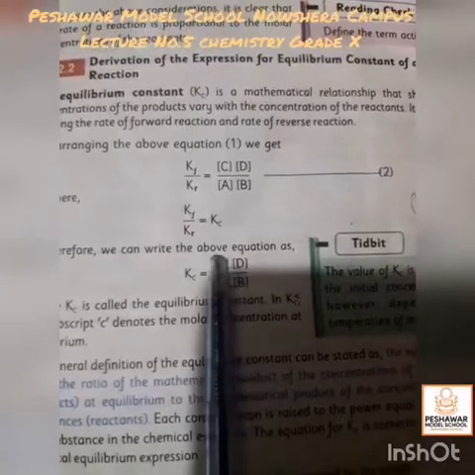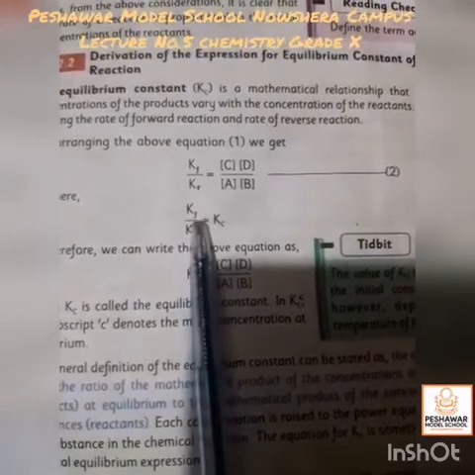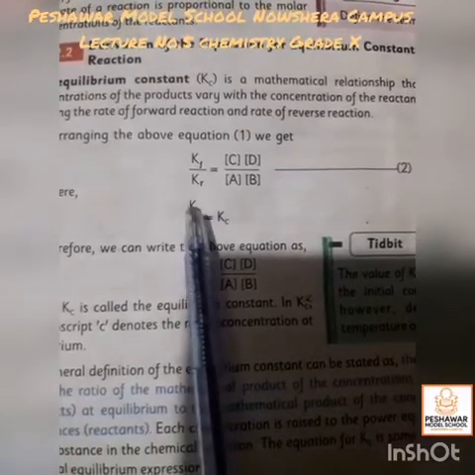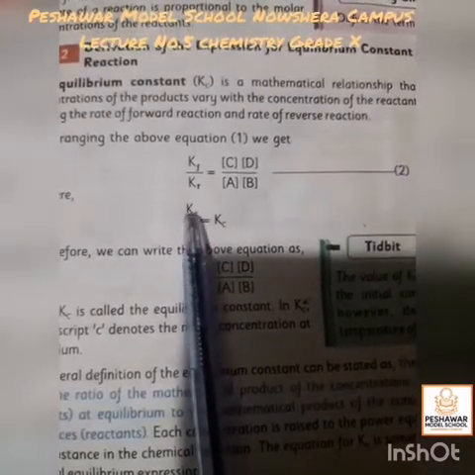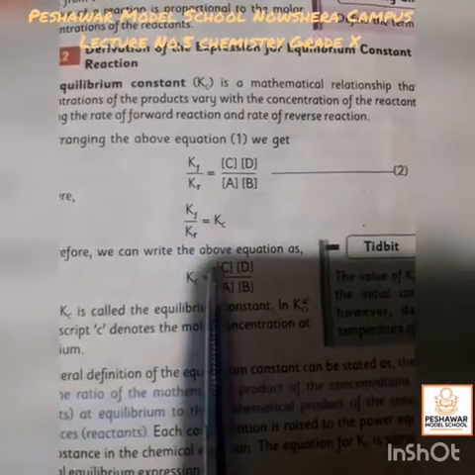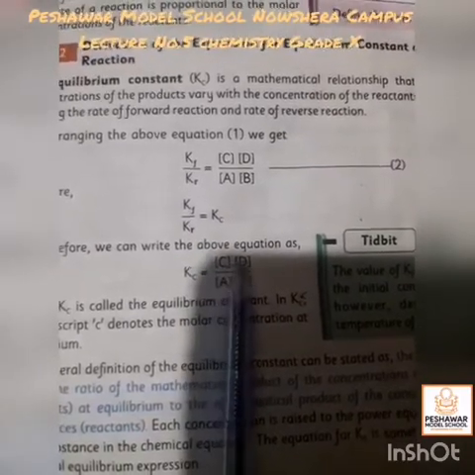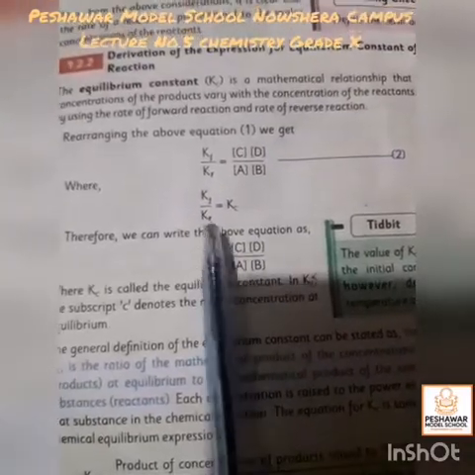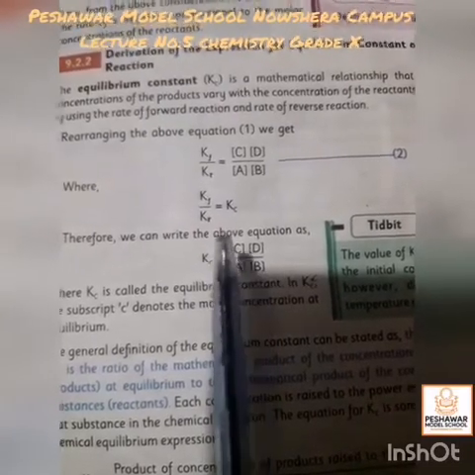Why did we write concentration of C and concentration of D in place of Kf? Kf stands for the rate of forward reaction, which means the reaction goes in the forward direction and gives us the products C and D. And Kr stands for concentration of A and concentration of B. Why?